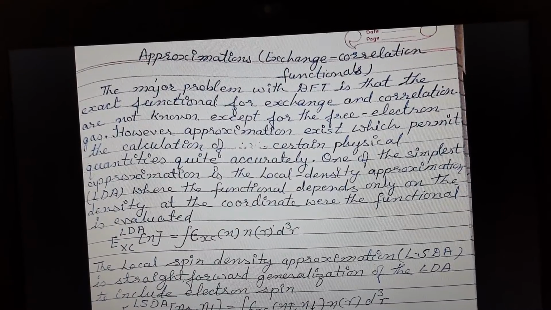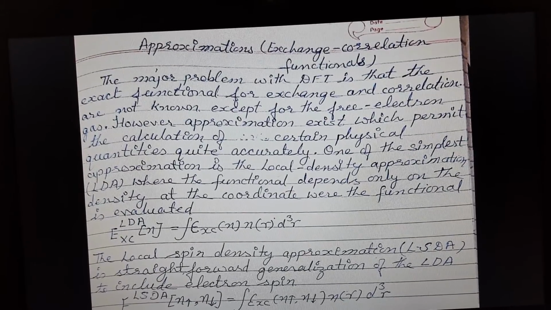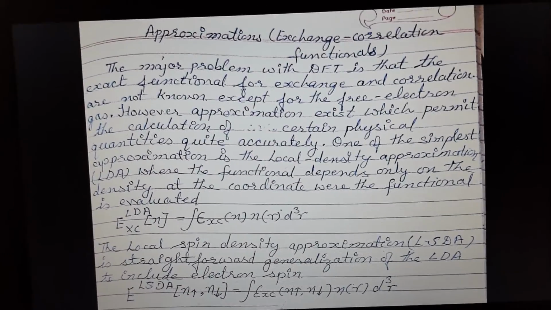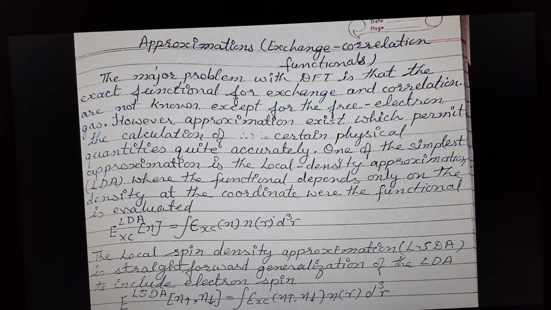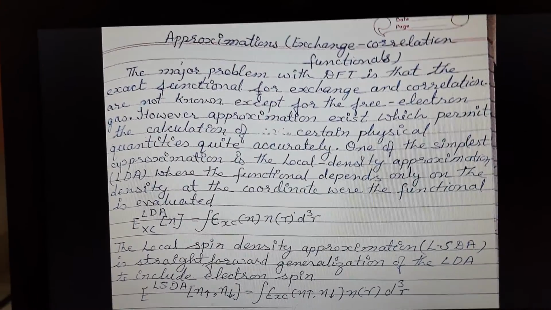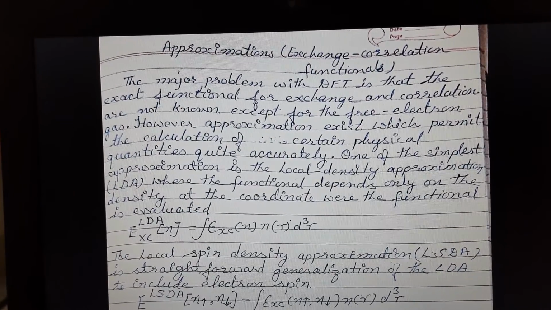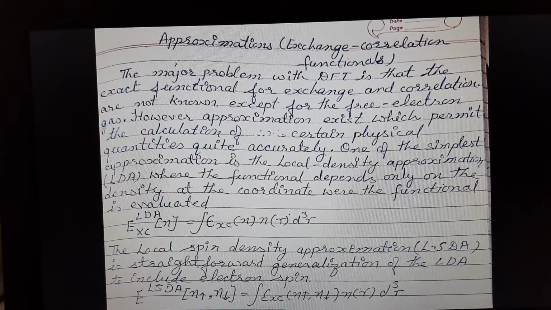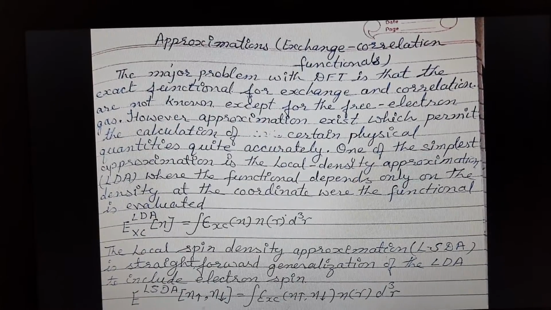Approximations: exchange correlation functional. The major problem with DFT is that the exact functionals for exchange and correlation are not known except for the free electron gas. A free electron gas is a population of free electrons in a vacuum or in a metallic conductor.